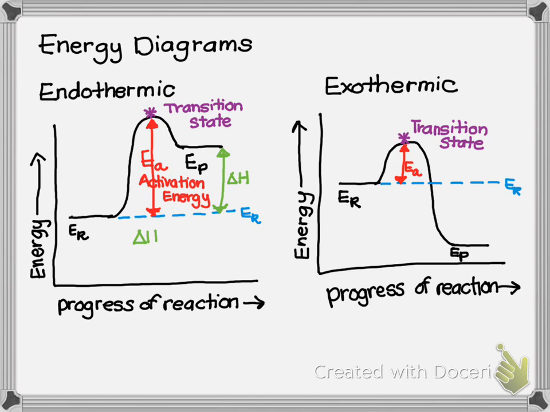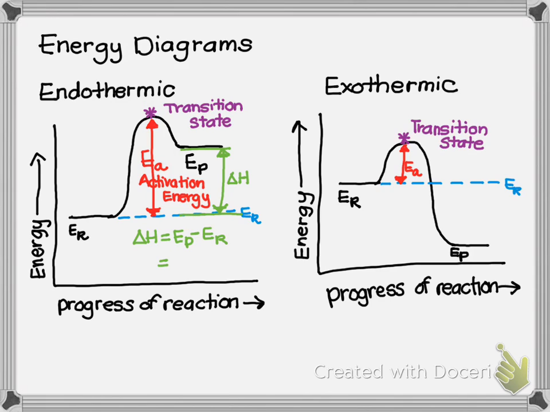Okay, so delta H, or the energy or heat of the reaction, also known as enthalpy, is equal to the energy of the products, not reactants, the energy of the products, minus the energy of the reactants. So looking here at endothermic, the energy of the products up here is a bigger number than the energy of the reactants down here.